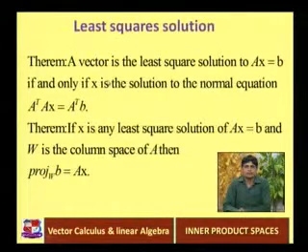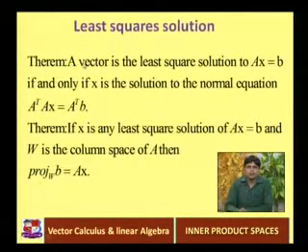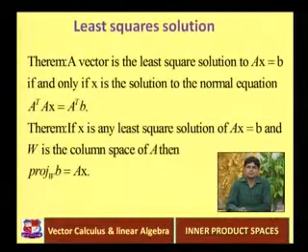Now we state two theorems. A vector x is a least squares solution to Ax equals b, the non-homogeneous equation, if and only if x is a solution to the normal equation A transpose A x equals A transpose b. That means if we want to find the least squares solution x, which is the approximate solution of Ax equals b, we solve A transpose A x equals A transpose b.